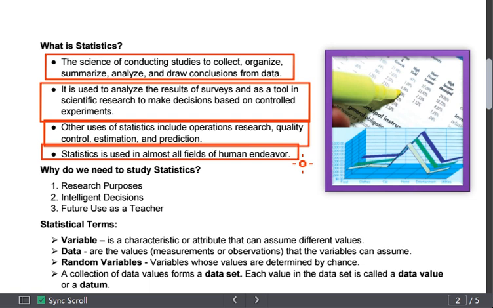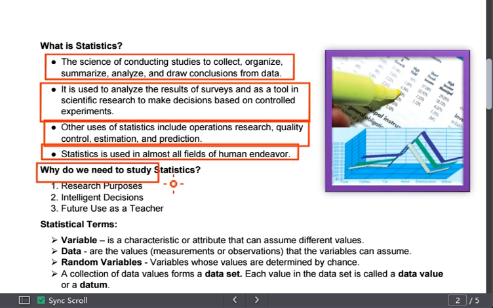So, in other areas naman, such as public health, an administrator might be concerned with the number of residents who contract a new strain of virus. So, ganon, we are using statistics in this kind of application. In education, a researcher might want to know if new methods of teaching are better than old ones. So these are only a few examples of how statistics can be used in various occupations.